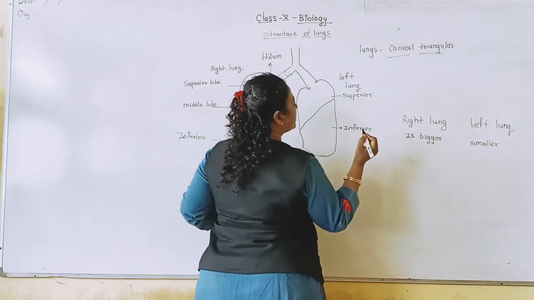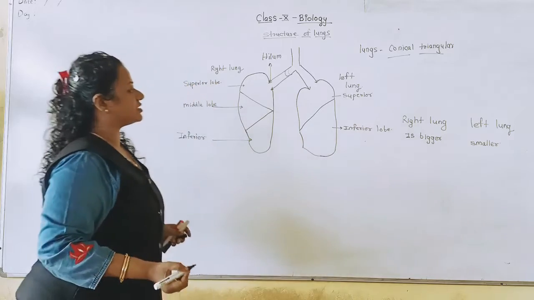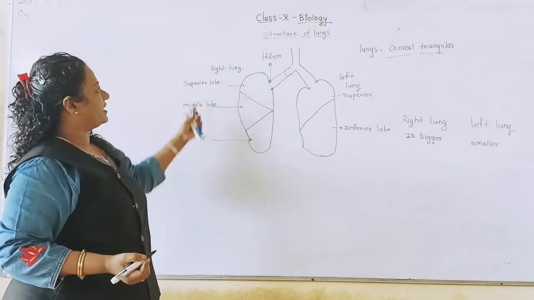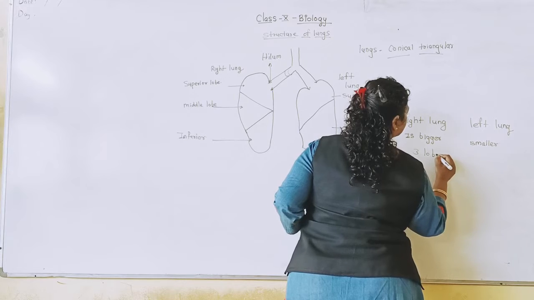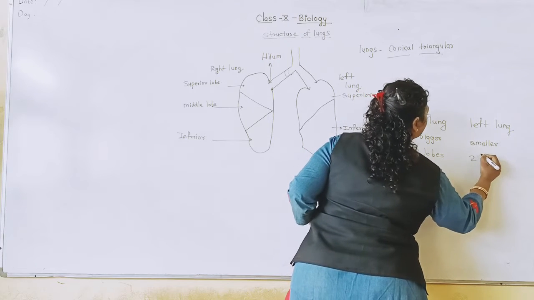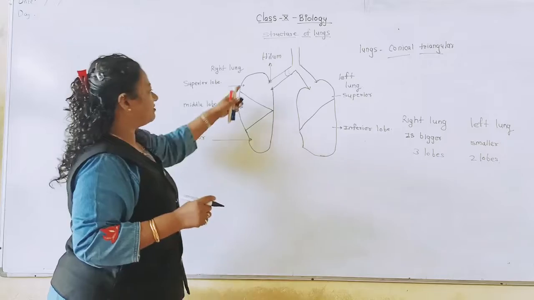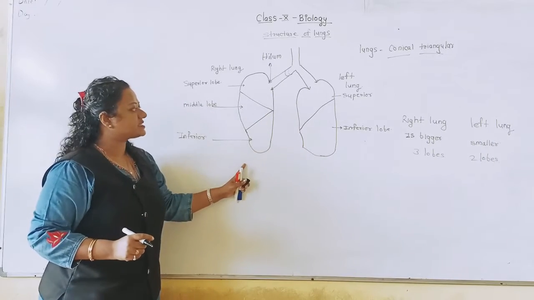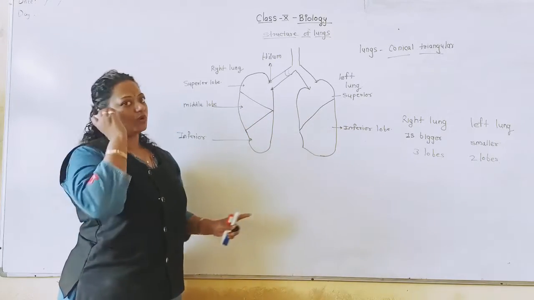So, in the differentiation, we can write: the right lung will have three lobes as it is bigger in size, and the left lung will have only two lobes.